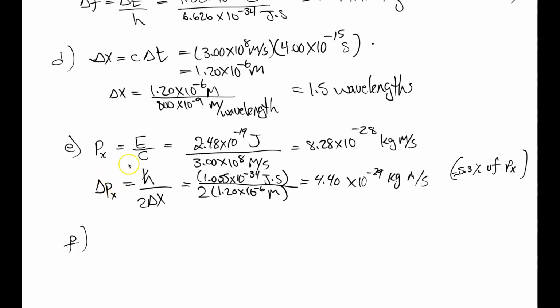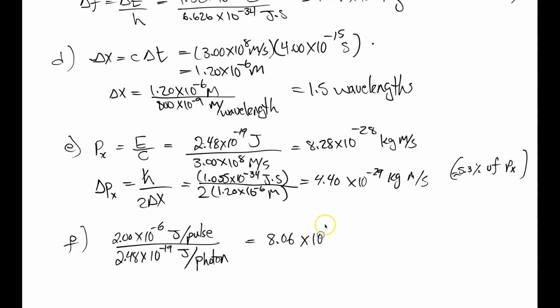This is going to be an estimate, and if we take that each pulse has 2.00 times 10 to the negative 6 joules of energy, and we divide that by the total energy of 2.48 times 10 to the negative 19th joules per photon, that gives us an estimate of 8.06 times 10 to the 12th photons per pulse.